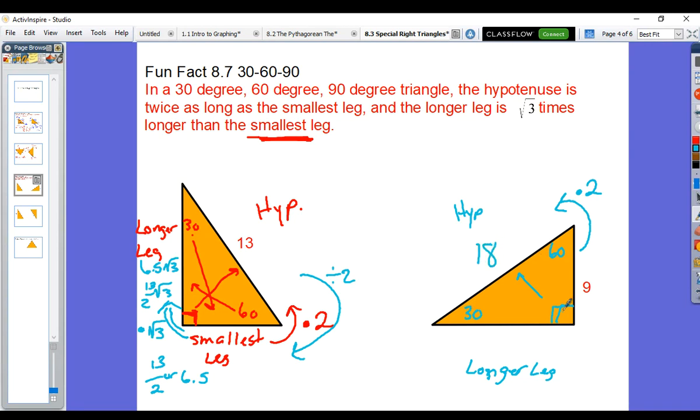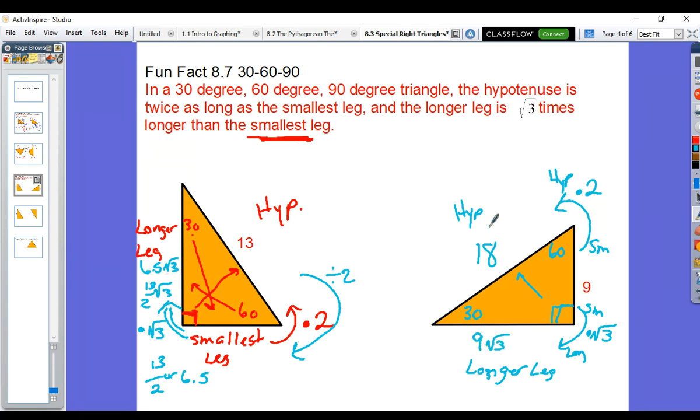To go from the small leg to the long leg, so small to long, we multiply by radical 3. So 9 times radical 3 is 9 radical 3. Look at that. Saved us.